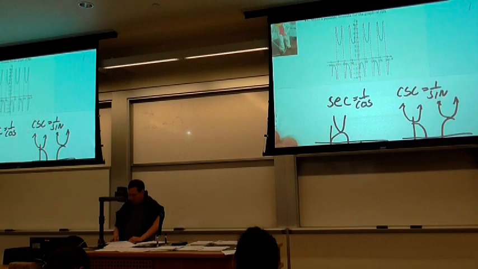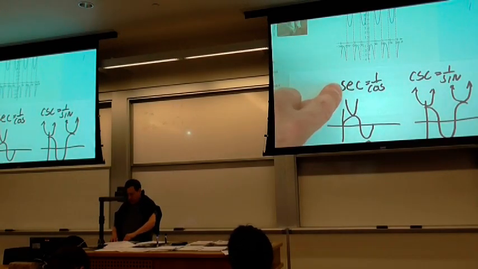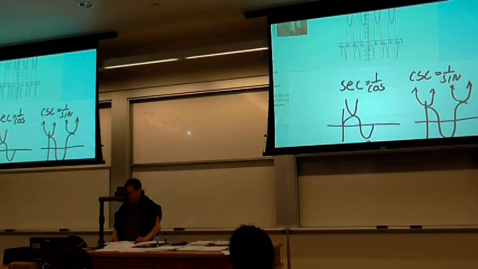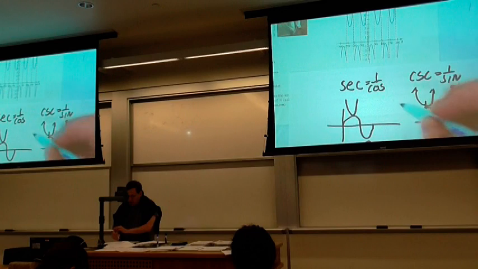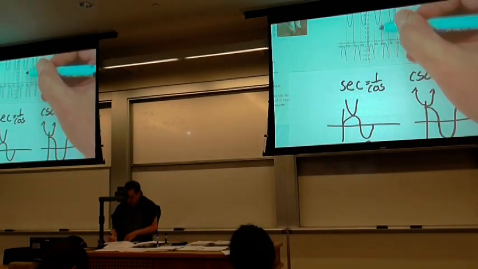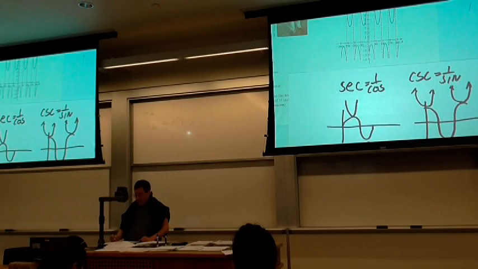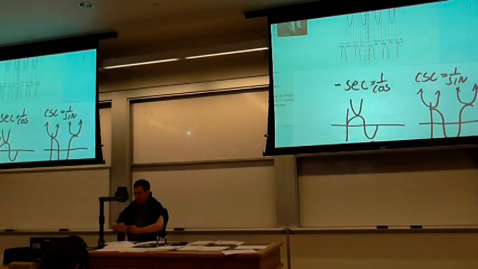So looking at these, this to me looks more like a secant function, except for one thing, which is it's upside down, right? Where the secant is positive, this is now negative, and where this is positive, the secant is negative. So I can fix that real easily, right? I can just put a minus sign in front of my secant. That's going to flip it over.